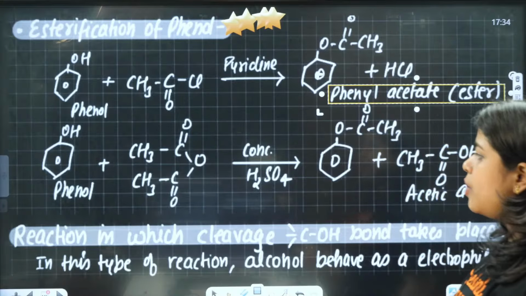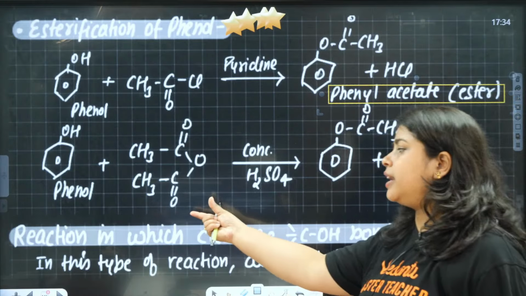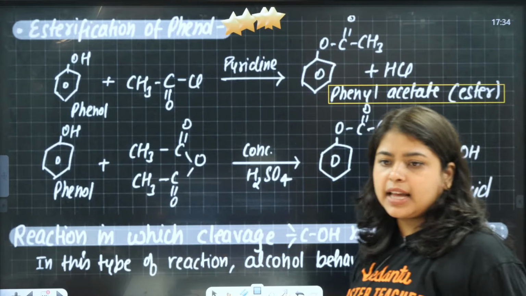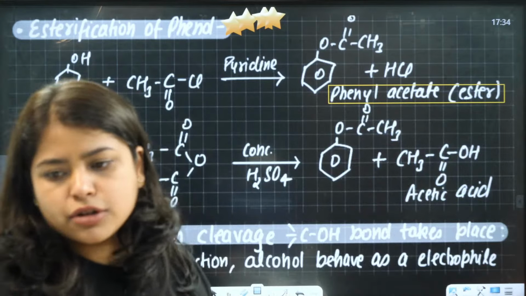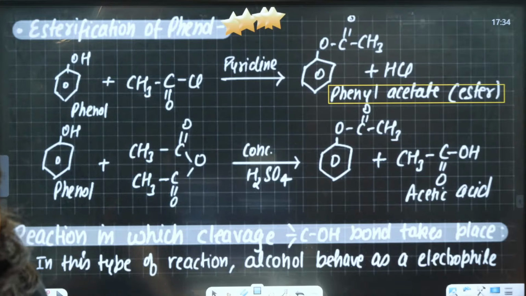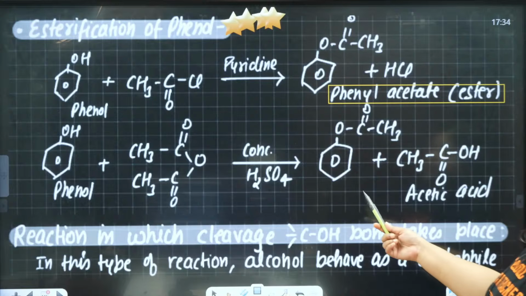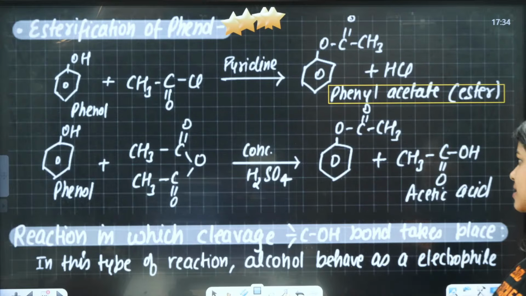Done. Now again with the phenol, you can take it as acid anhydride also, in the presence of concentrated H2SO4. In the presence of concentrated H2SO4, we are going to get this product, and that is also called acetic acid.